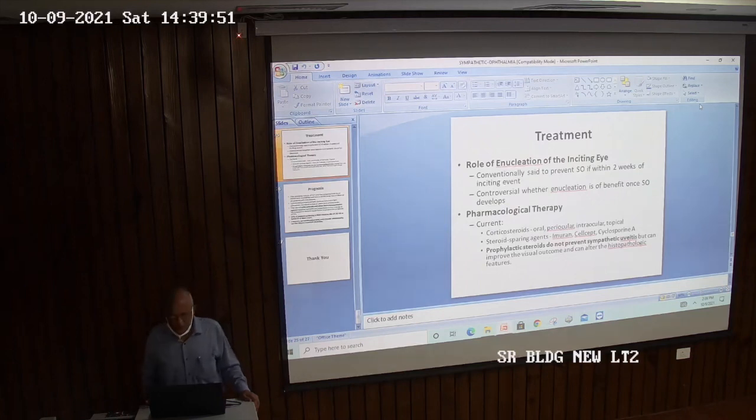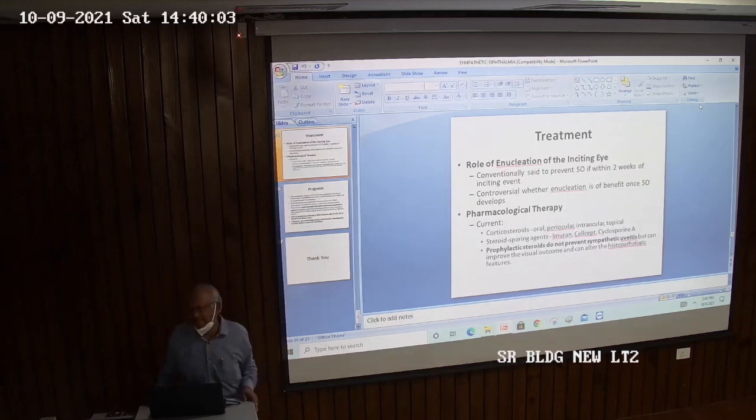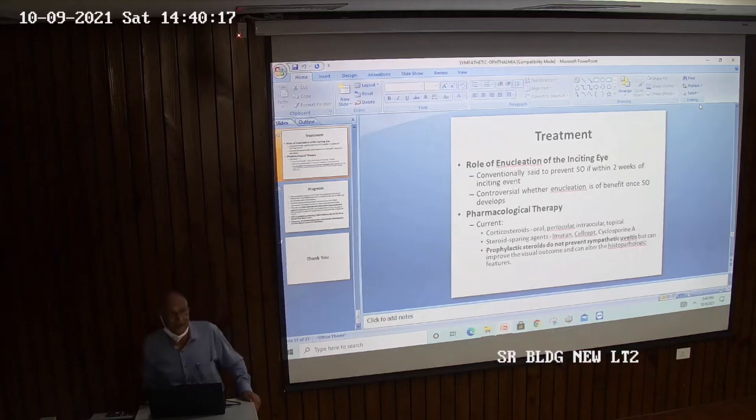Corticosteroids: oral, periocular, intraocular, topical. The important thing is that you start treatment immediately. Once the eye is injured, you first do meticulous repair of every structure. Because uveal pigment might have been liberated, anterior uveitis can occur later on.